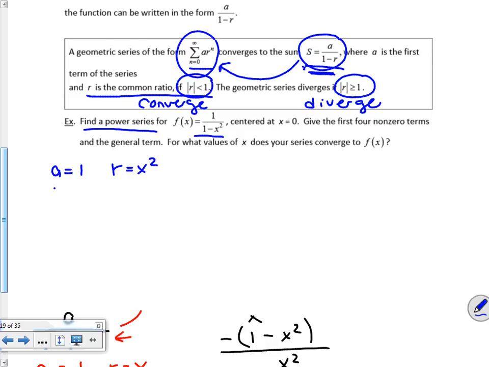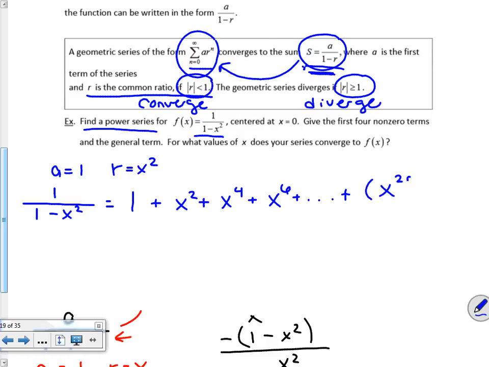In writing a geometric series then, my first term is 1, the next term is x squared, and then x to the fourth, and then x to the 6th, and so on and so forth. That means our general term will be x to the 2n. You can write that as x squared to the n or x to the 2n, whichever way you like it. So this is the power series.